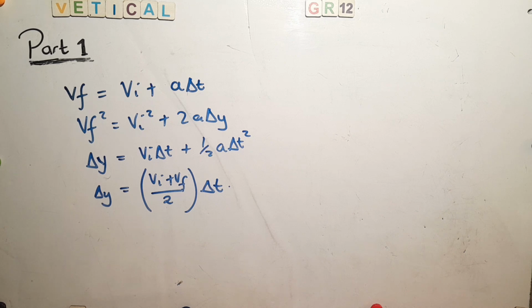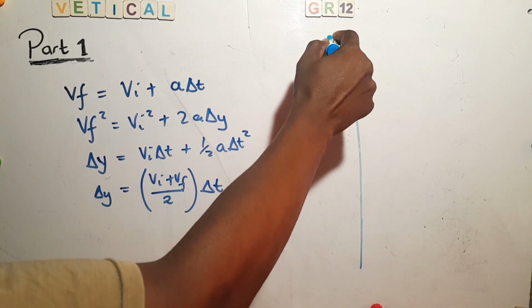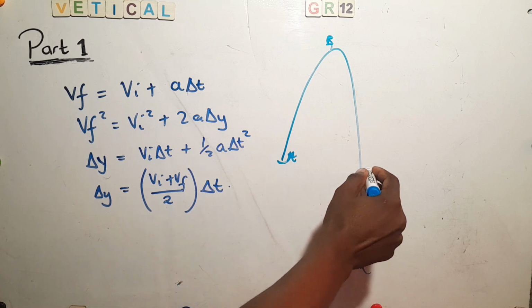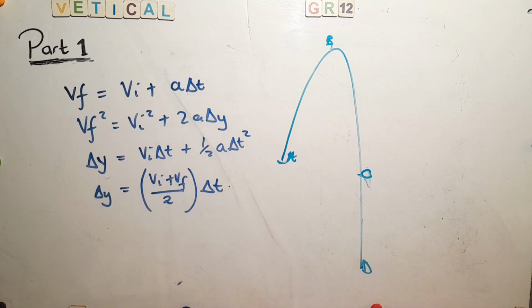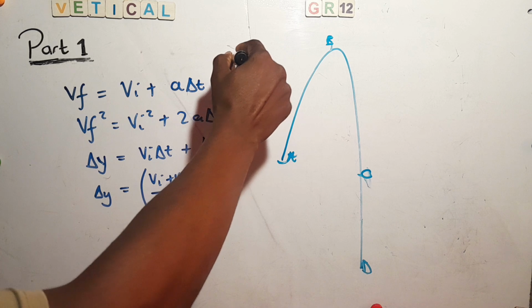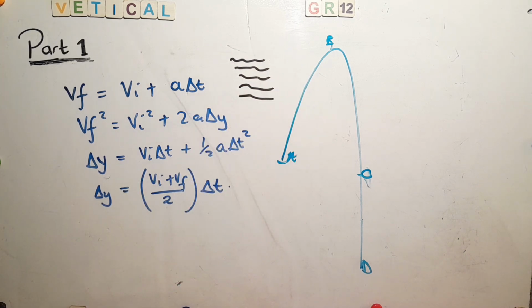Like I said, it is important to label the parts of the path that the object took, right? So A, B, maybe C, maybe D, or maybe C, D. It is also important to write a list of everything that you are given down. After writing a list of what you have, you can decide what you are trying to find. Those are the questions you should ask yourself so you can think through the solution.